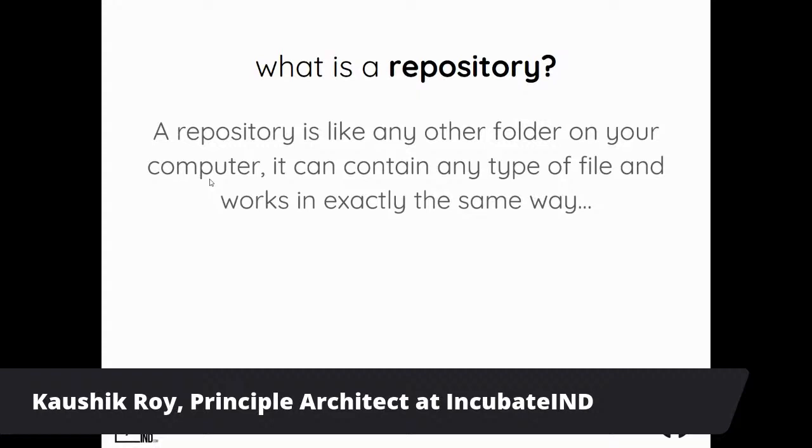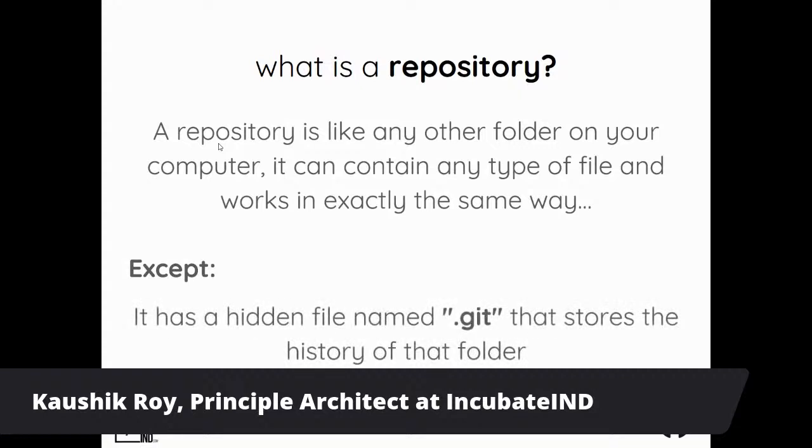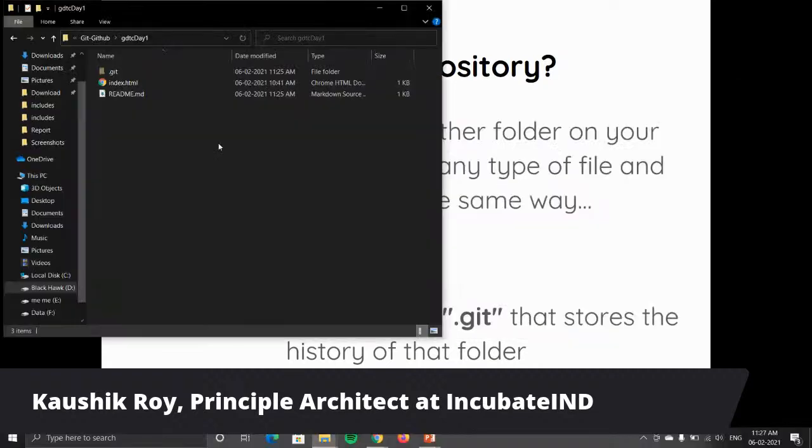A repository in the project development lifecycle is nothing but a folder which our systems utilize, which could have access at different levels, except that it has a hidden .git folder present in the folder structure. To confirm that, the repository that I had cloned does have the .git project folder over here.